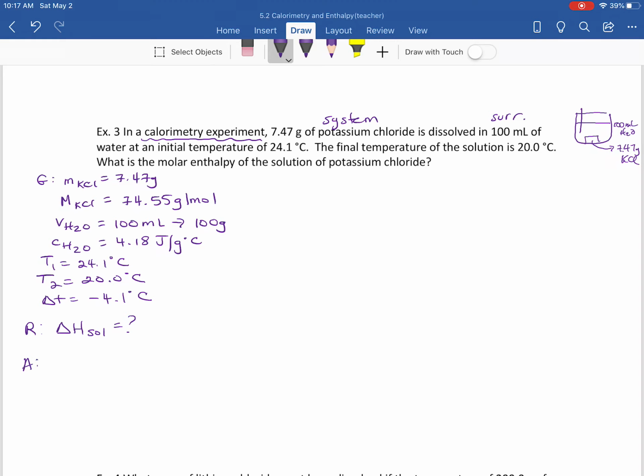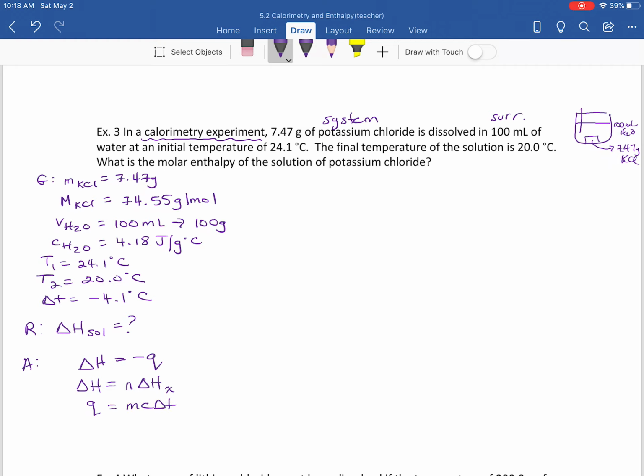The way we analyze this is we know delta H equals negative Q. Another way we can write this is that delta H equals the number of moles times the molar enthalpy of whatever reaction, so I'm going to put an X there.